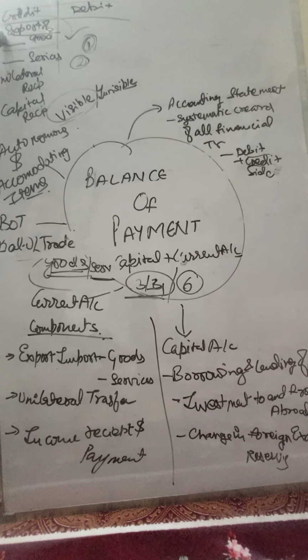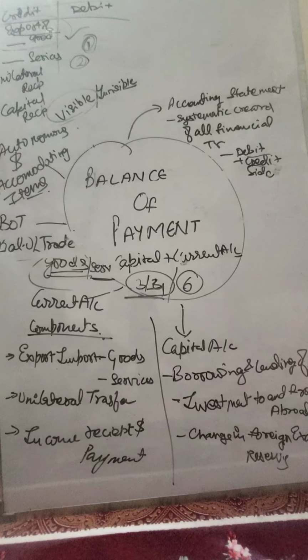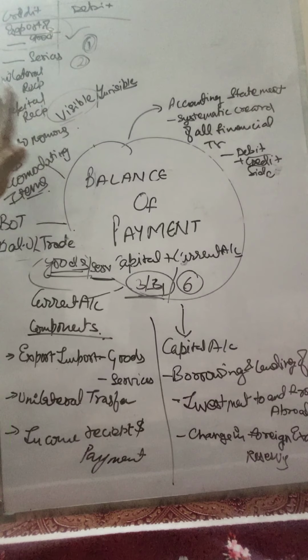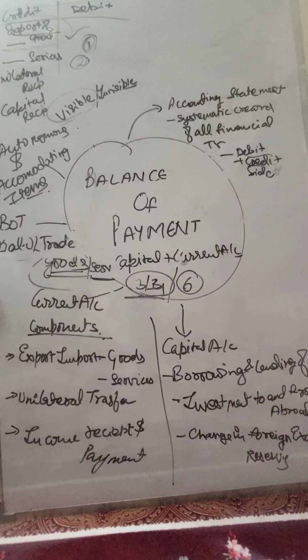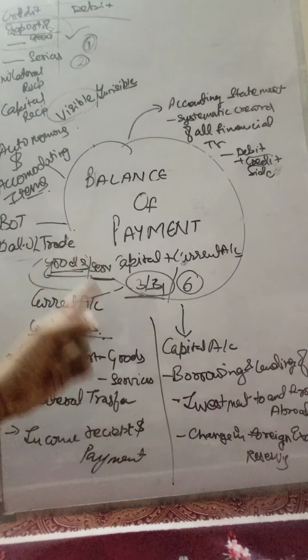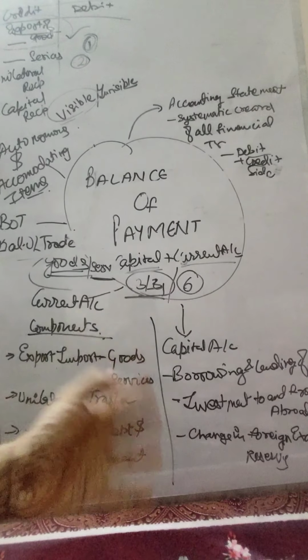Therefore, first we will include import of goods. Second, import of services. Third, unilateral payments. Fourth, capital payments. All right, so all these are included in balance of payment, whereas our balance of payment is also divided in two parts, that is capital and current account.